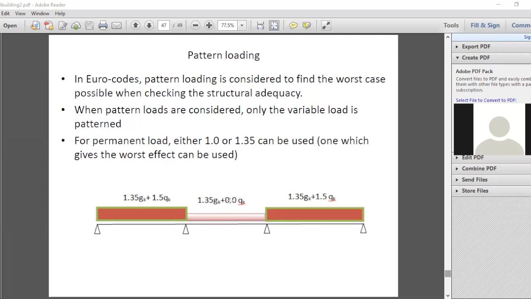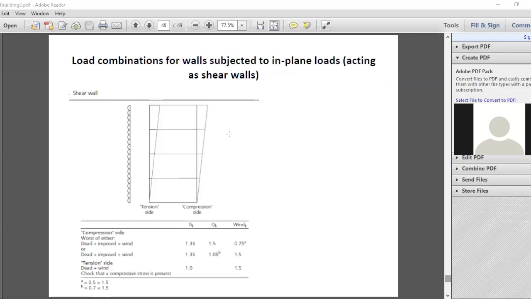So then we can also have a look at one of the common elements that we get in tall buildings, and that is the shear wall. In the case of the shear wall, if you look at one side, if the wind is acting, what happens in the shear wall is something like this.